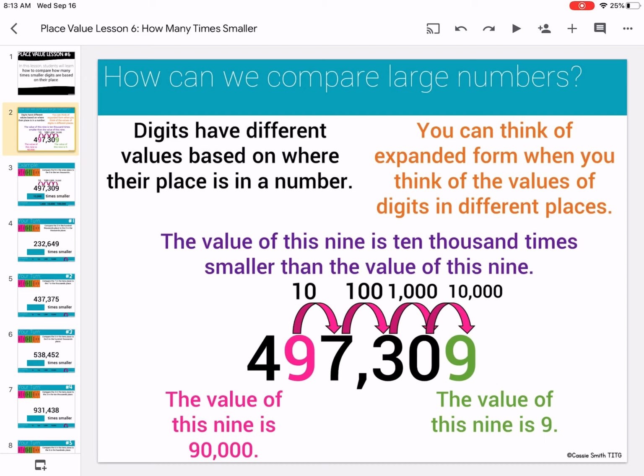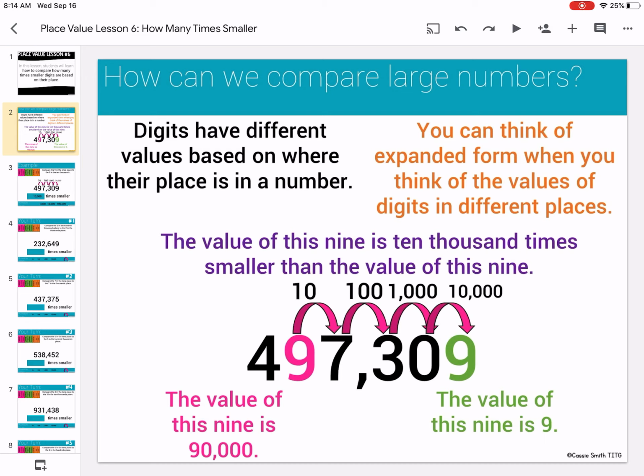So, for example, let's look at this number, 497,309. So we have a 9 in the ones place and we have a 9 in the 10,000s place. So we're going to count our place movements. If it moved from the 10,000s to the thousands, that's 10 times less.